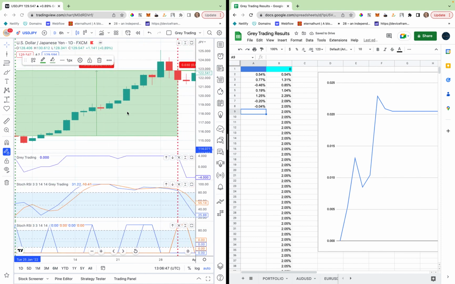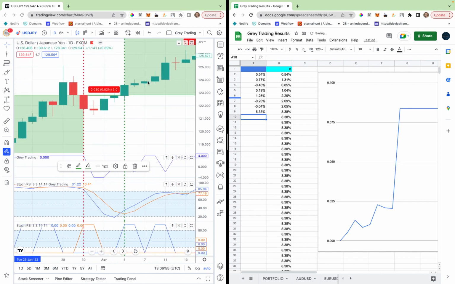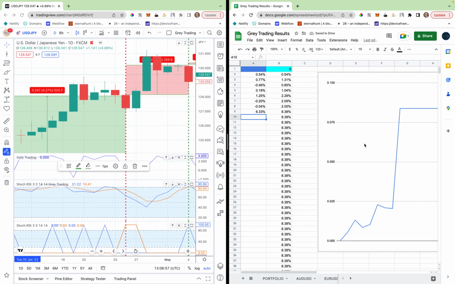A big win here. It's the first big win of the year. 6.3. Followed by another big move. 0.37.